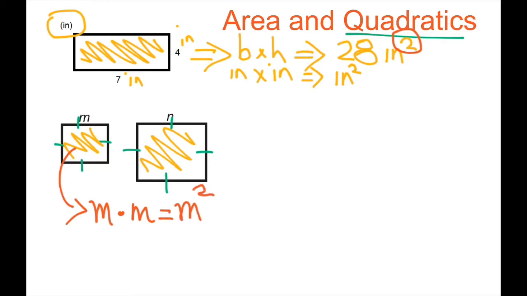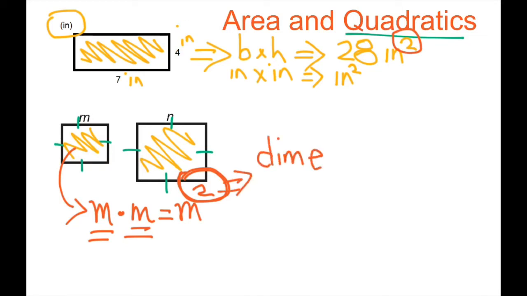So, if I find the area, I am multiplying two things together. This 2 has to do with the dimensions.